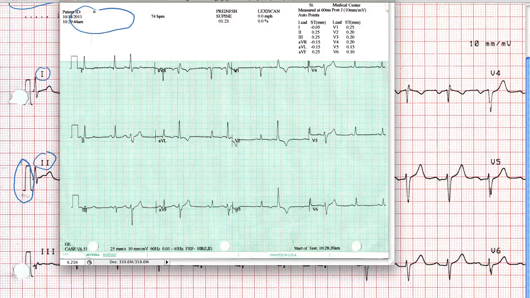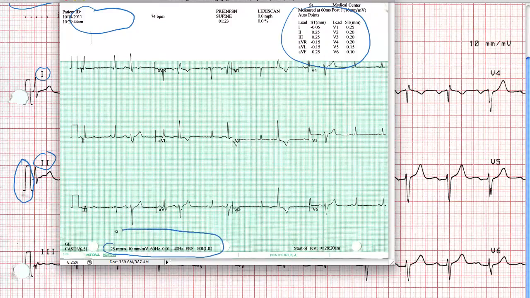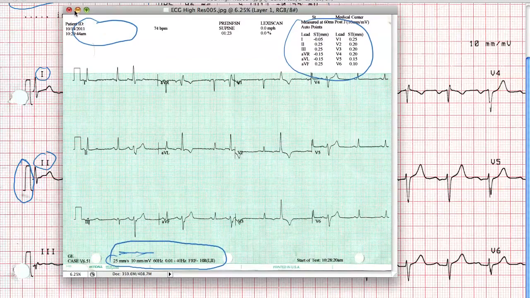You got patient ID over here. You have measurements of one kind or another over here. This happens to be ST segment measurements because this came off of a stress test machine. And then at the bottom, you have information about the standardization in terms of this paper speed and the calibration size. So we'll go into more of this in detail in subsequent talks.